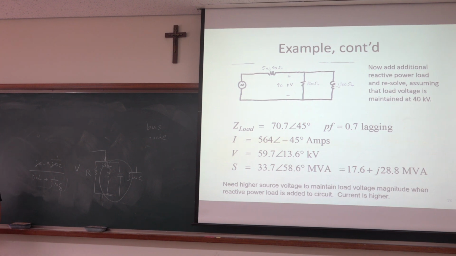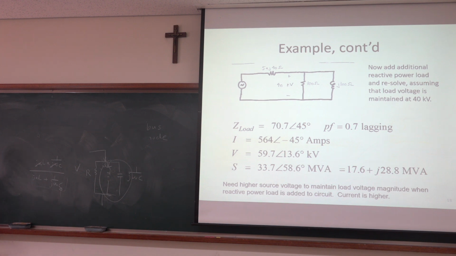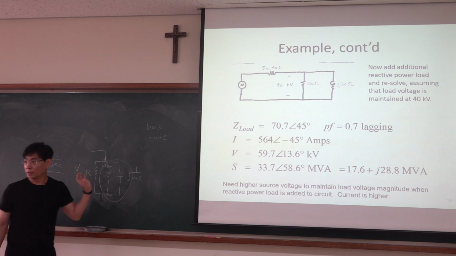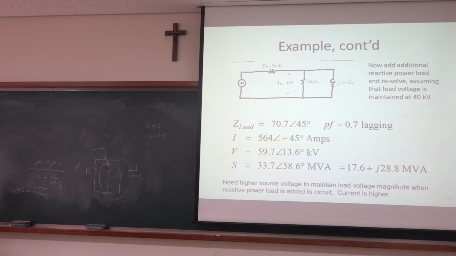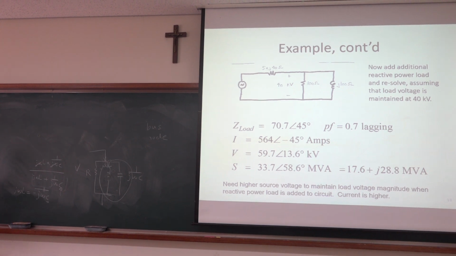And how can you do that? Make the impedance, this part, infinite. How can you do that? Make this part 0. Right? So that's why, if you choose the capacitance that satisfies this equation, then you can make this impedance infinite. Okay? And we only have a pure resistive load, and the power factor is 1.